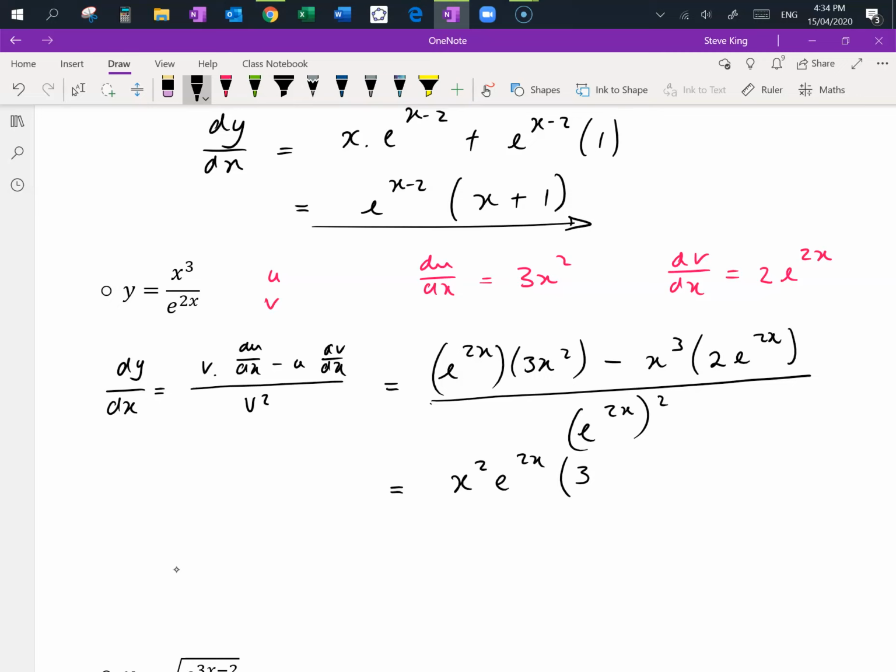That's all I've got from that part. Minus, that's going to go, and I'm going to be left with 2x cubed. And all of that's going to be over e to the 4x. There is the derivative of that quotient.